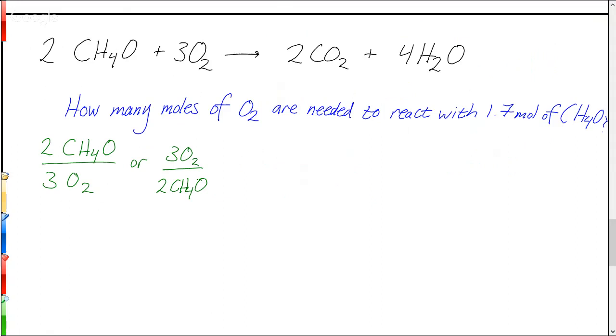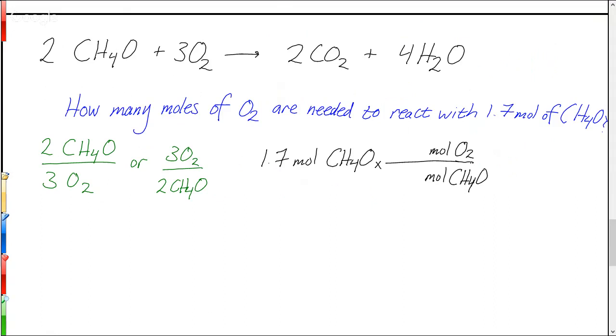So to answer this question, we can set it up like a regular conversion type question where we say there's 1.7 moles of CH4O. And we want a factor that tells us the ratio between moles of CH4O and moles of O2. Remember, in these types of conversion problems, we're always going from the thing that we're given to the thing that we want. The thing that we're given here is moles of CH4O. The thing that we want is the moles of O2.